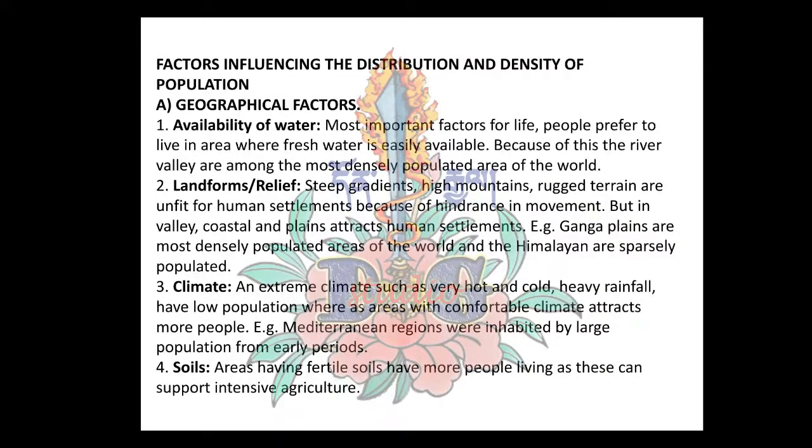So again, landform also affects the uneven distribution of population. In India, mostly in Himalayan regions we have less density of population, less number of people living in this region as compared to plain and coastal areas of India. So landform is also affecting the uneven distribution of population of the world.